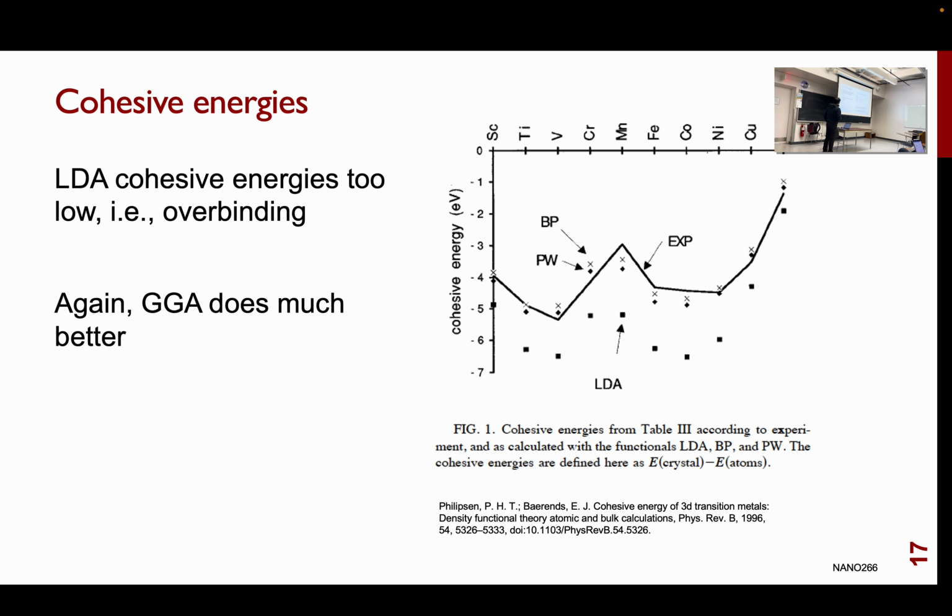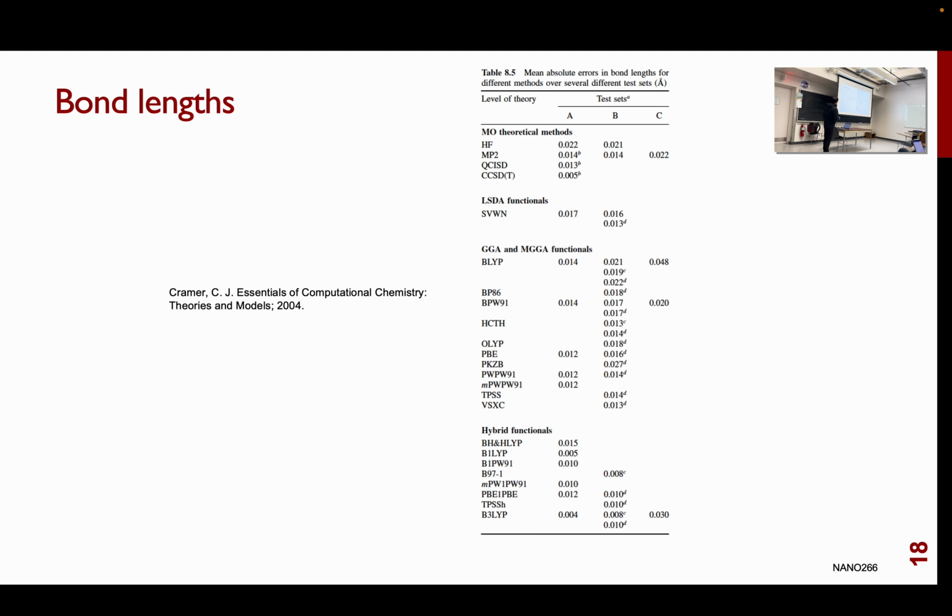And again, GGA does much better compared to LDA in predicting things like the cohesive energy. Similarly for bond lengths, if you compare the GGA functionals, the errors are definitely much smaller compared to something like the LDA functional. Again, this is a reason why you would generally go for your GGA functional.